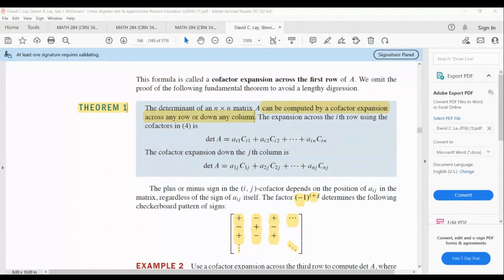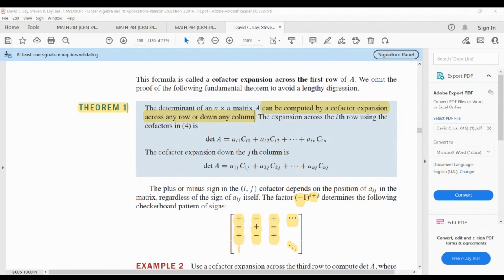That -1 to the I plus j power is part of the cofactor, but rather than write -1 to the 1 plus 1 power, -1 to the 1 plus 2 power, and so forth, all you have to do is just remember this little plus or minus matrix here.